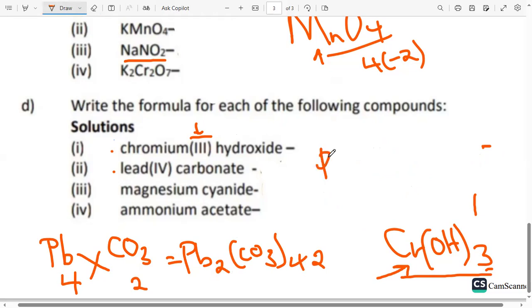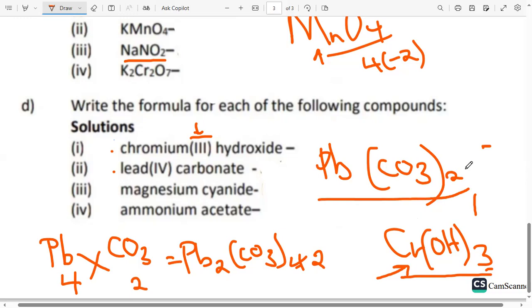We have Pb with a 1, but we won't write the 1. Then we have CO3, and a 2 outside after dividing the 4 by 2. So this formula is the chemical formula for lead 4 carbonate. I don't know if there are any questions there, guys.